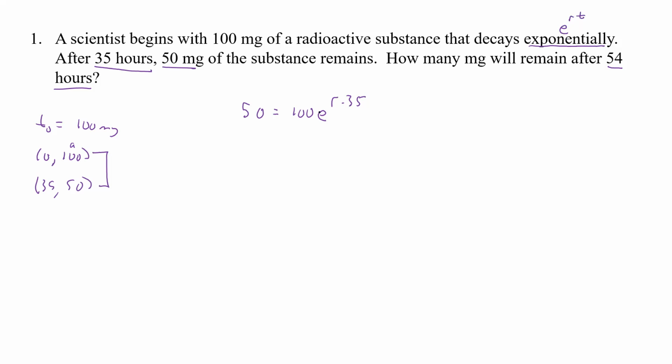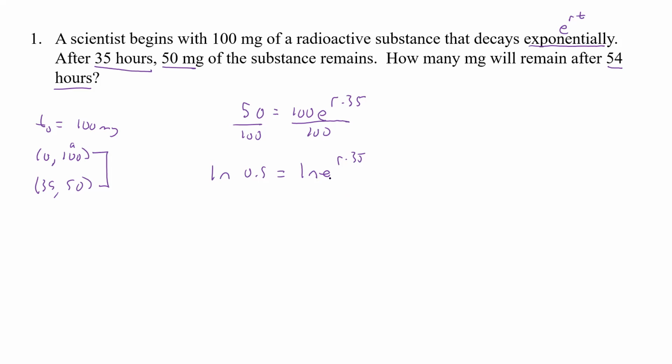So what do we do? Well, we need to solve for r. So first thing we need to do is get rid of that 100, so we'll divide by 100. So now what do we have? Well, we have 0.5 equals e to the r times 35, or 35r if you wanted to write it that way. Now, does anybody remember log and exponential functions? If we take the ln of this side, and we better remember to put the ln over here, we're going to be in trouble.